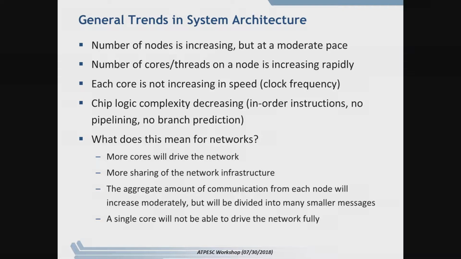The clock frequency is staying more or less stagnant, or in some cases we're seeing slower cores, which follows into the next bullet, where the chip logic complexity in some cases is actually decreasing. We're seeing more specialization in the chips as opposed to fully generalized power-hungry cores, and that has some effect on the interactions with the network as well.